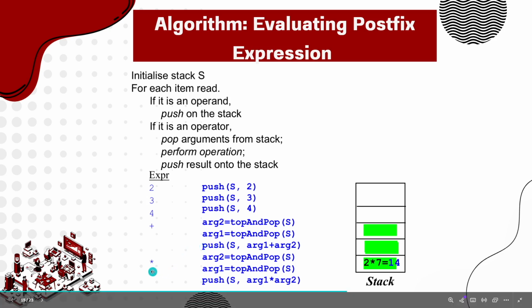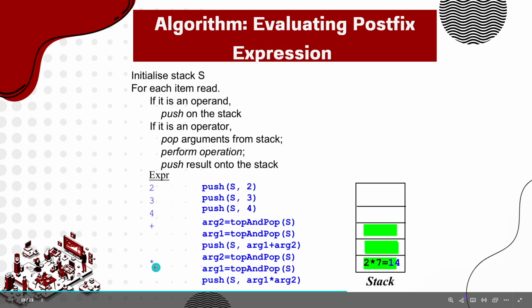Then we encounter the next symbol from the input, which is the operator star. So, we have to pop 2 entries from the stack. 7 becomes our second operand and is popped out, and 2 becomes the first operand and is popped out, and we perform the desired operation, which here is multiplication.